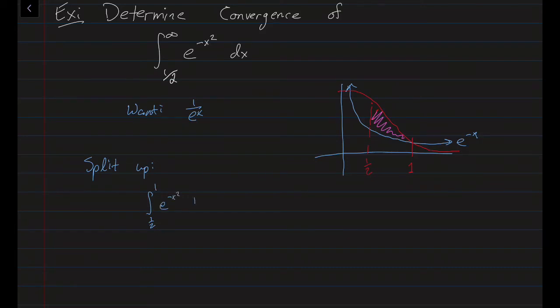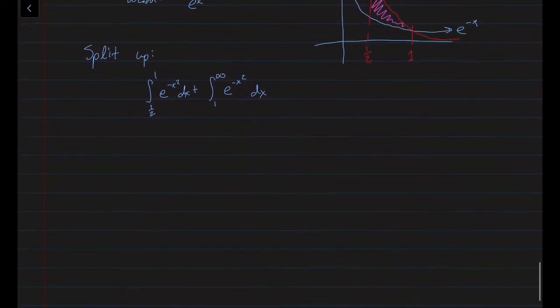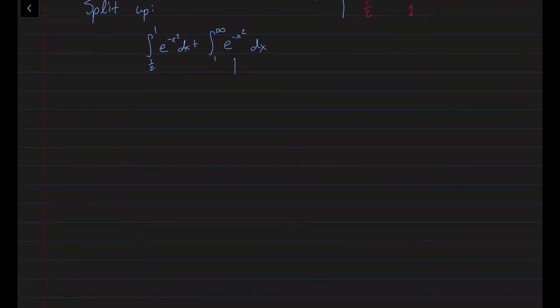And we integrate from 1/2 to 1 of e to the negative x squared dx, and we integrate from 1 to infinity of e to the negative x squared dx. Now we know that this converges, right? And that's just the last example. So all we have to do is check convergence here.